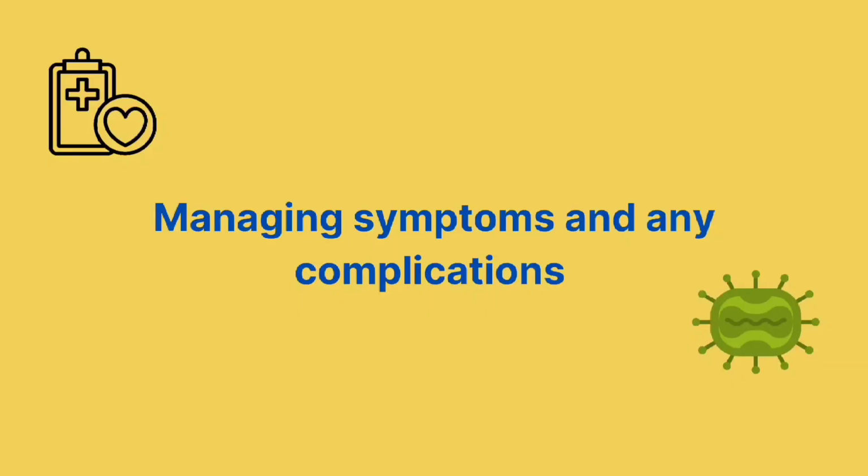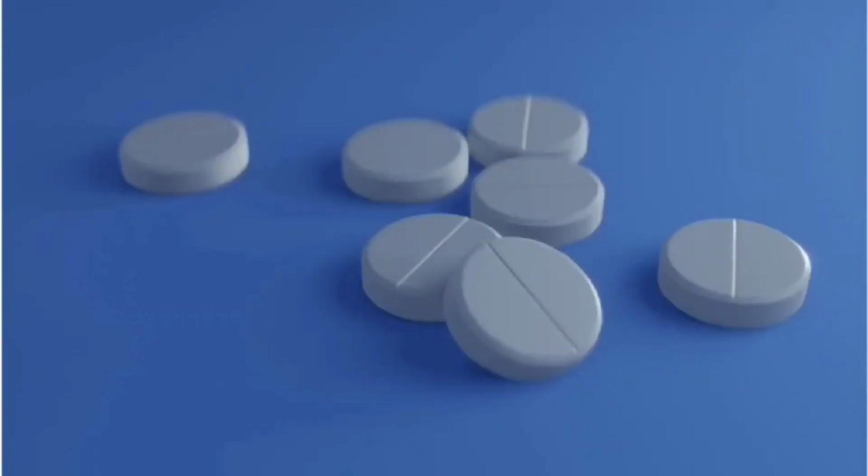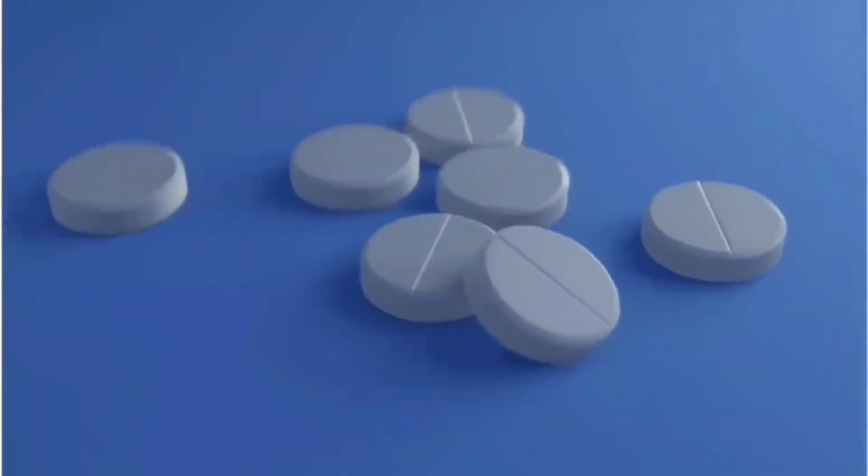How is monkeypox treated? So monkeypox is generally a mild disease in most people. The majority of people can recover without treatment within a few weeks of being infected. Clinical care for monkeypox is usually in the form of managing symptoms and trying to prevent and manage any complications. There is a therapeutic drug that can be used to treat monkeypox.